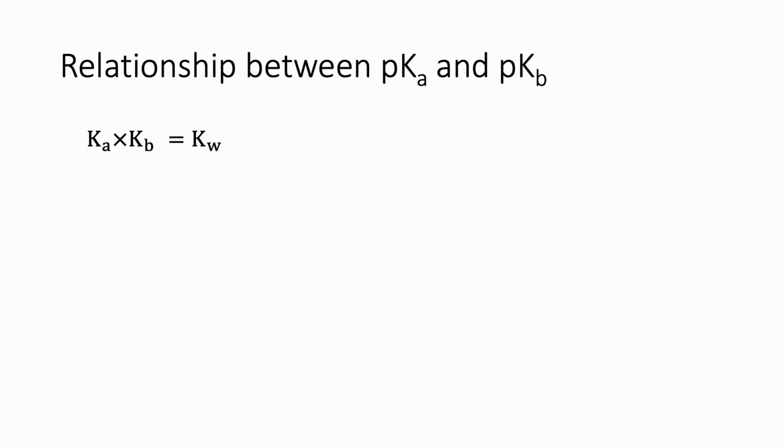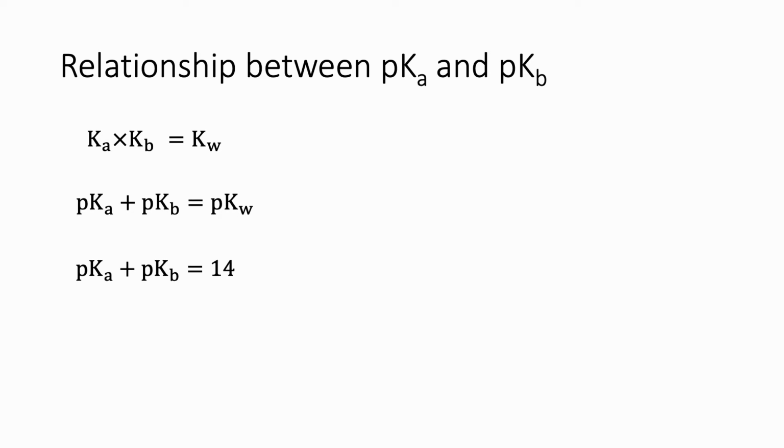So if Ka times Kb is Kw, let's try taking the negative log of both sides. And what we get is that pKa plus pKb equals pKw. pKw? Well, Kw is 10 to the minus 14th, so pKw is negative log of 10 to the minus 14th, which is just 14.